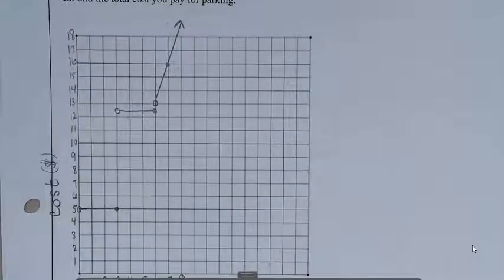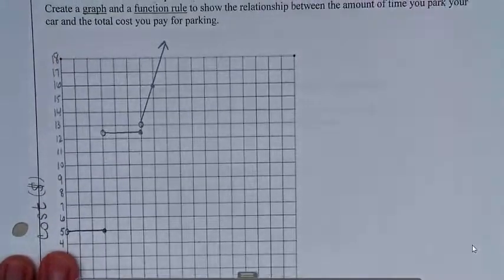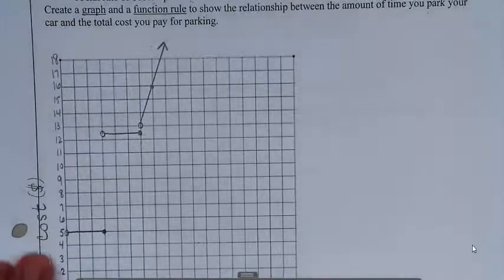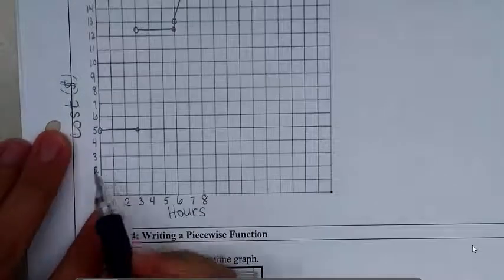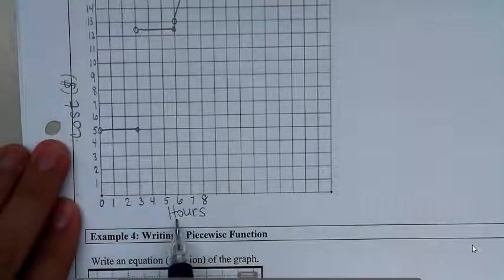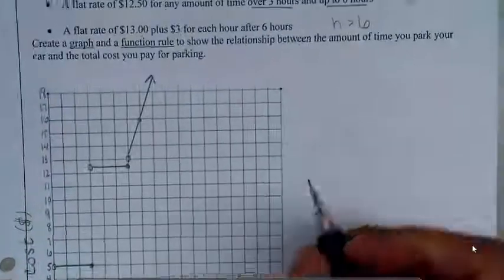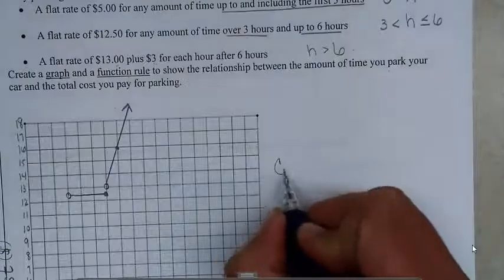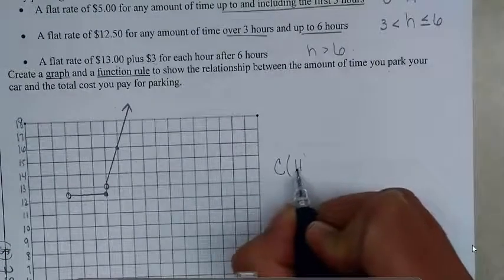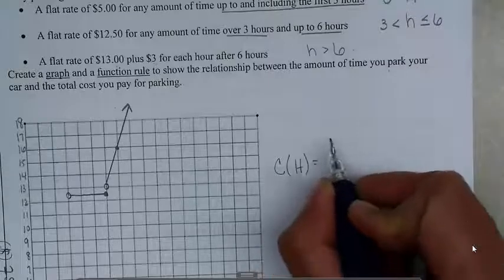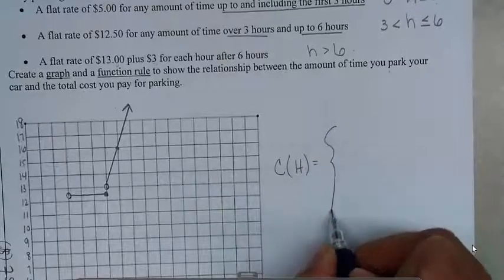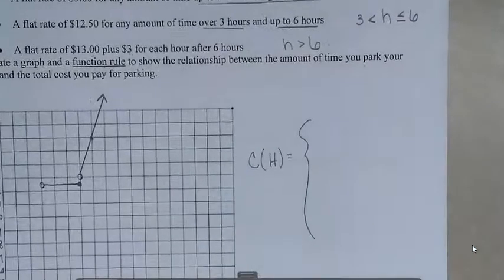All right, so let's come up with a function for all of these things. So we'll call this C of H, because my cost is a function of my hours. I'm going to have 3 pieces to my function, and I find it easiest to work with my domain first.